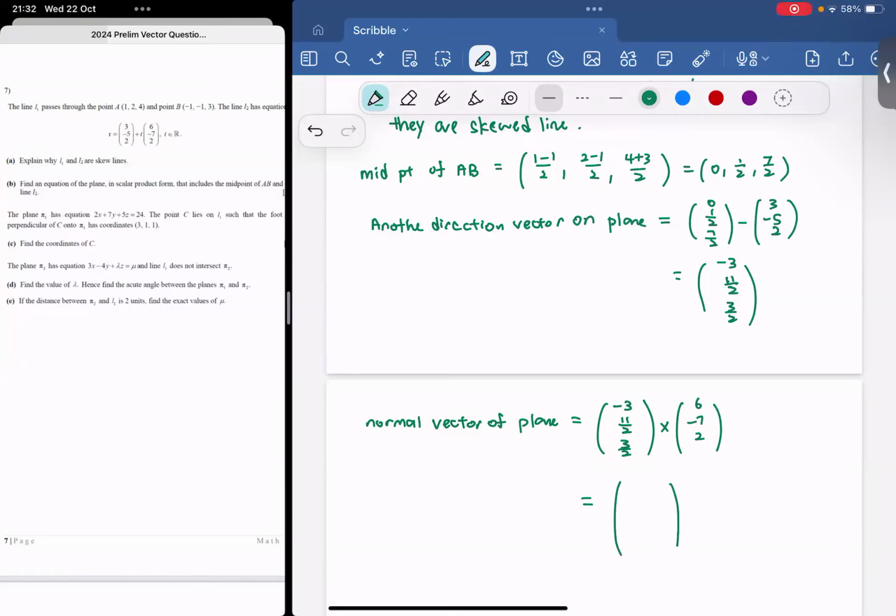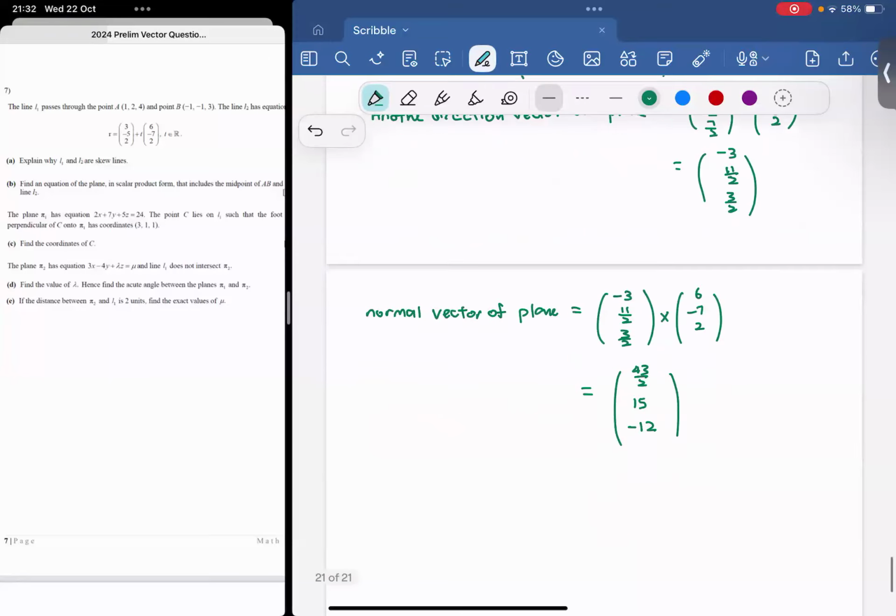This will give us 11 plus 21 over 2, which is 43 over 2. 9 plus 6, 15. Last one, 21 minus 33, -12. Okay, so that's the normal vector of the plane. If you want to take out the half, then this will be (43, 30, -24).